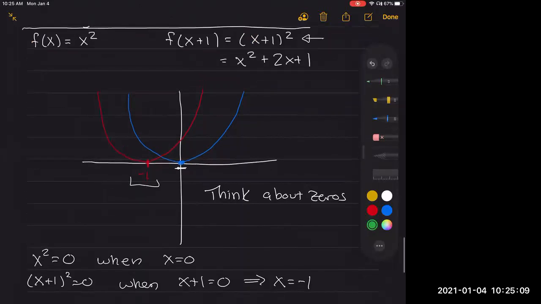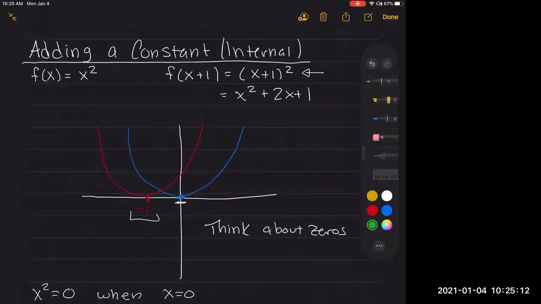If instead with our graph we had it be f of x minus 2, then we would shift to the right 2, 1, 2. And then this would be our new graph. So adding a number internally shifts it to the left, and subtracting a number shifts it to the right.